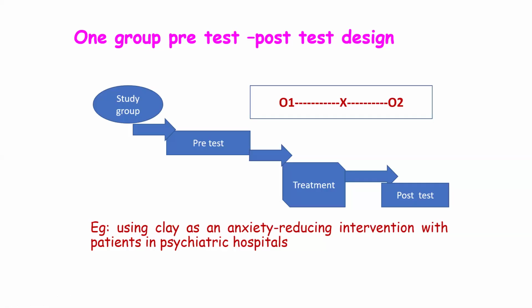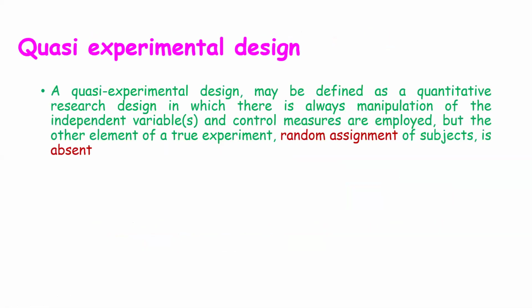Coming to quasi-experimental design, it may be defined as a quantitative research design in which there is always manipulation of the independent variable and control measures are employed, but the other element of the true experiment, random assignment, is missing. So in pre-experimental design, with the study group alone, there is a lack of random assignment and no control group.